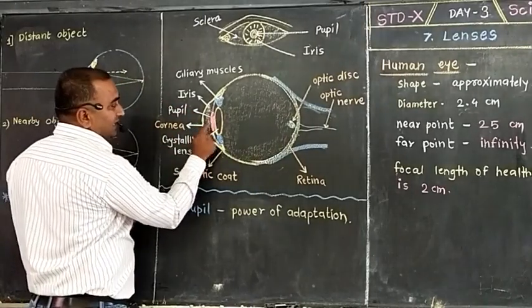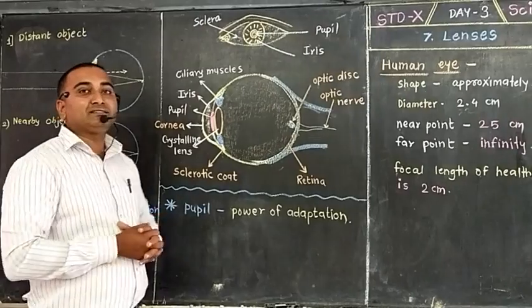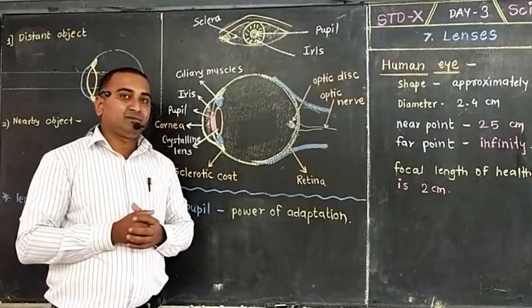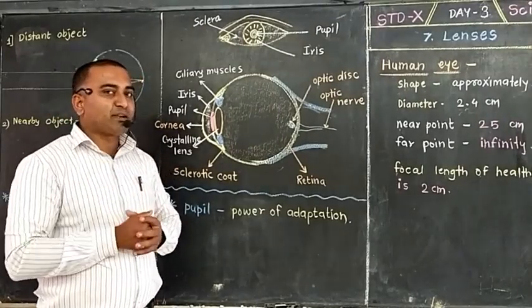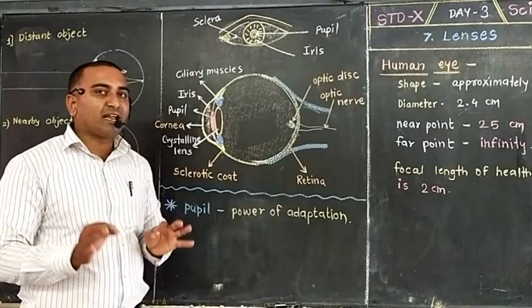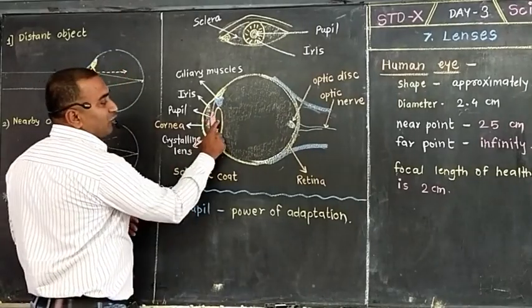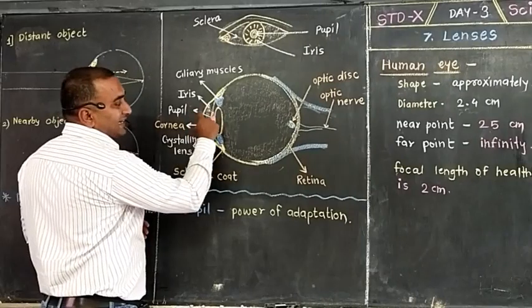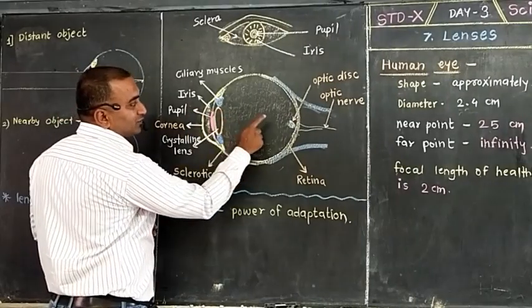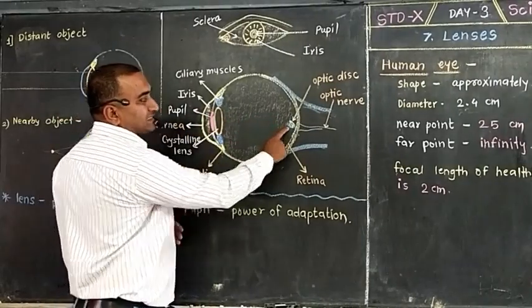Then behind this iris, there is a crystalline lens, a transparent muscular lens. Light enters through that lens and falls on the optic disc.